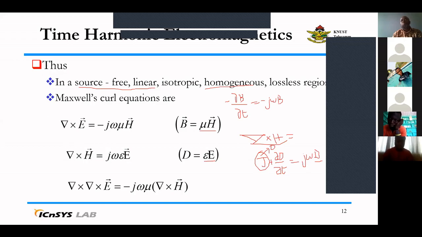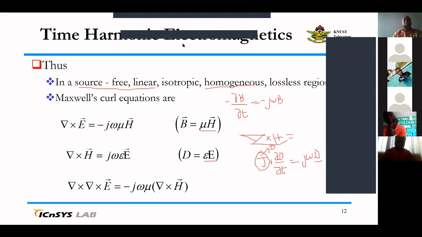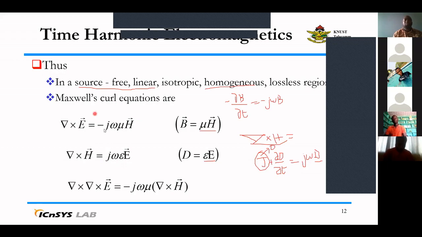It is also homogeneous because it's in the same medium, therefore it is isotropic. And it is lossless. We are not considering losses in this case. So curl of E equals -jωμH, and curl of H equals jωεE. This is a time harmonic expression of the Maxwell curl equations, only for the curl equations.